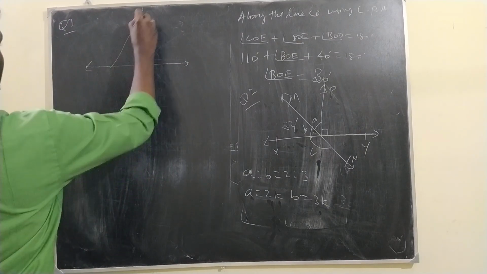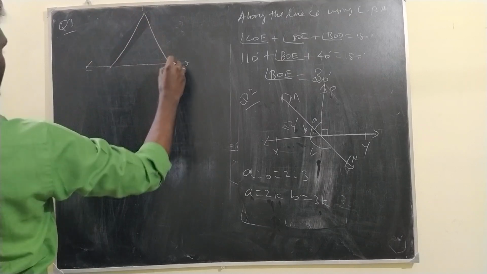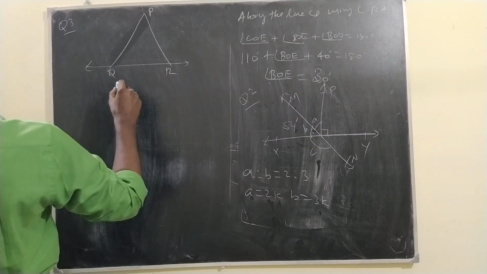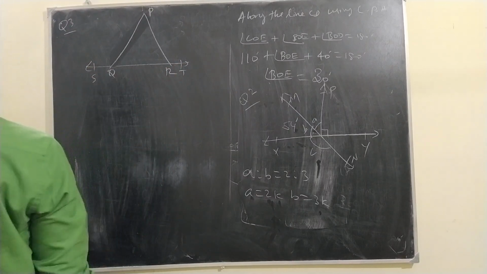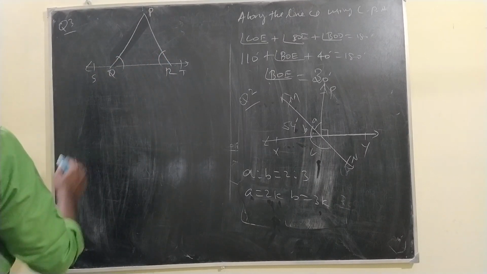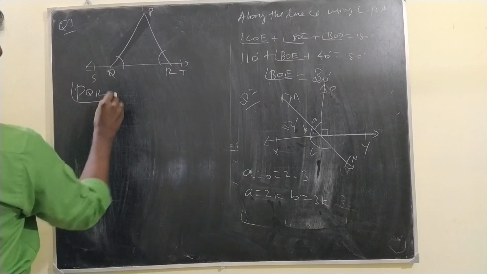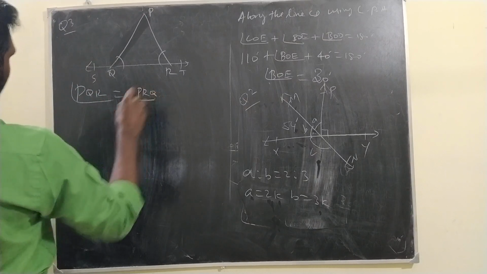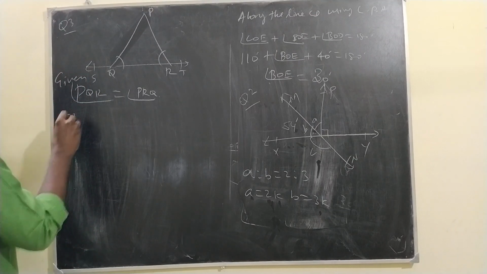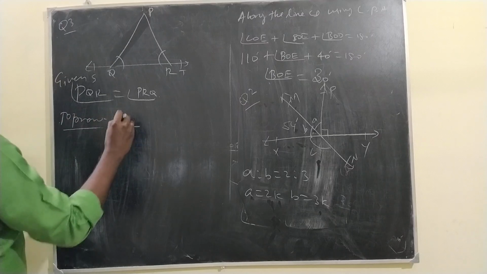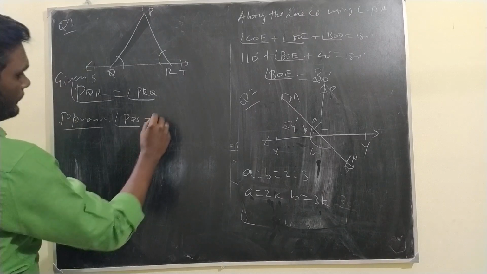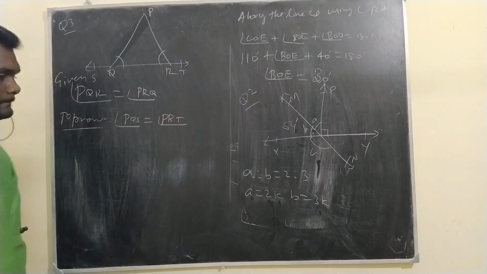There is a straight line and a triangle stands on it. P, Q, R. So if angle PQR equals angle PRQ, then we have to prove angle PQS equals angle PRT.